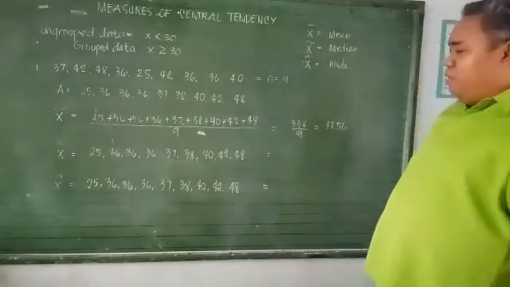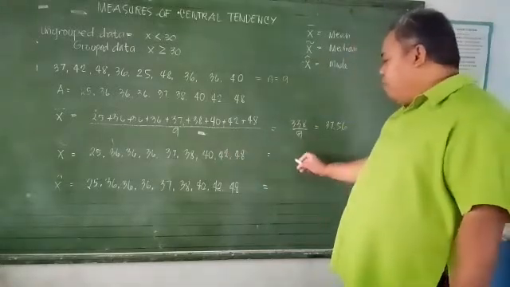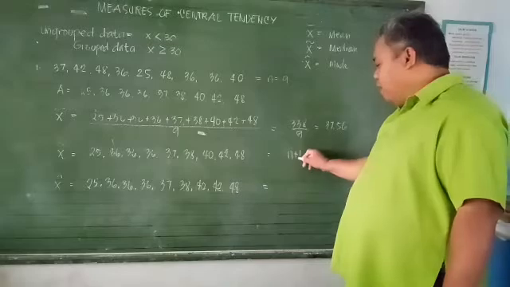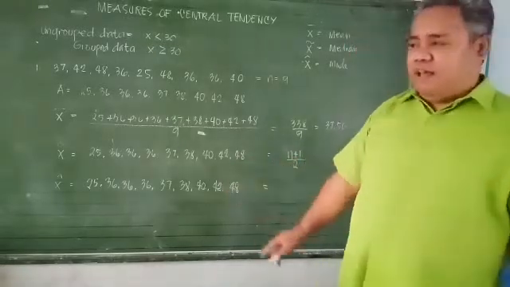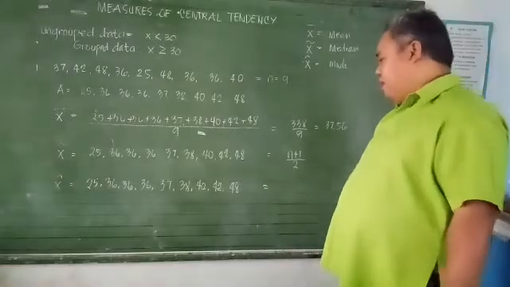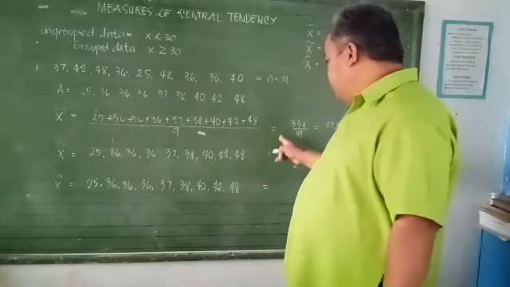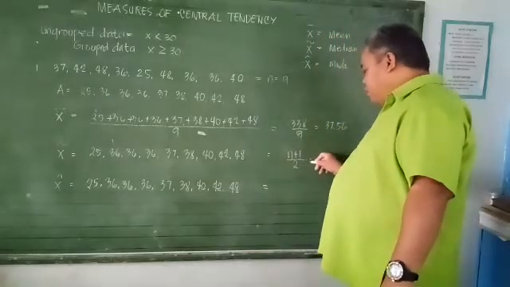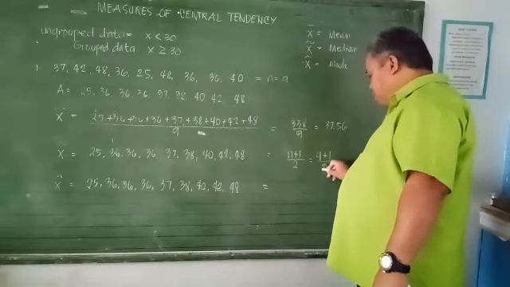Next, what about the median? Okay, for the median. So, ulit siya. And then the formula is n plus 1 over 2. Bakit 2? Kasi hinahanap natin yung gitna ng array of data. So, we're going to count your data here. As I said, n here is 9. So, we're going to put here 9 plus 1 over 2.